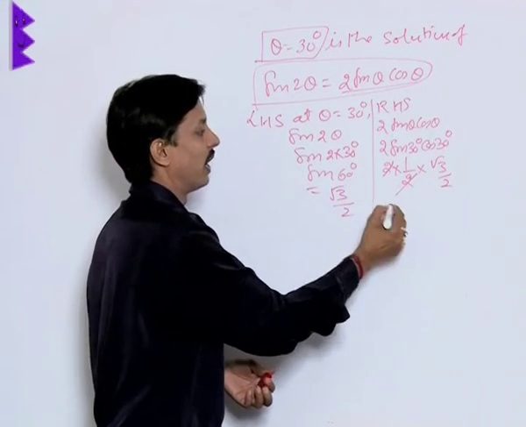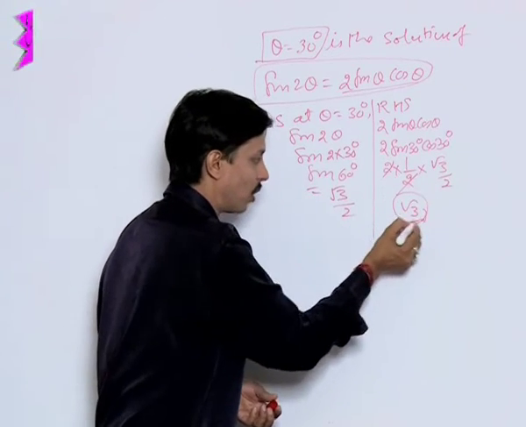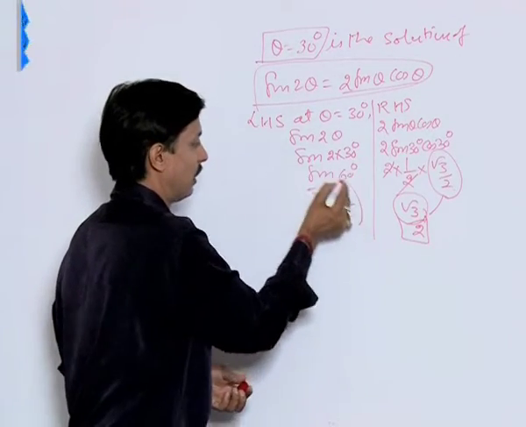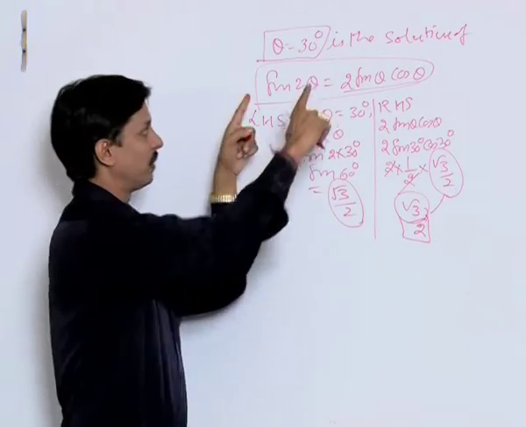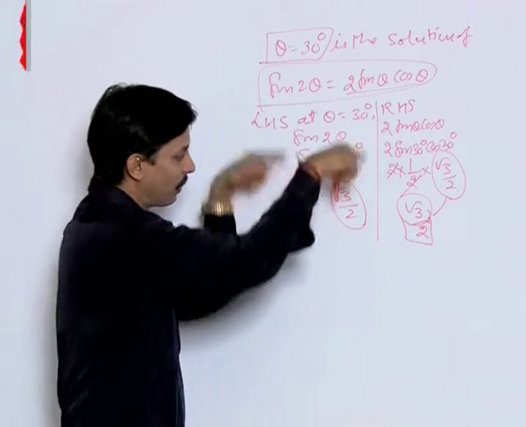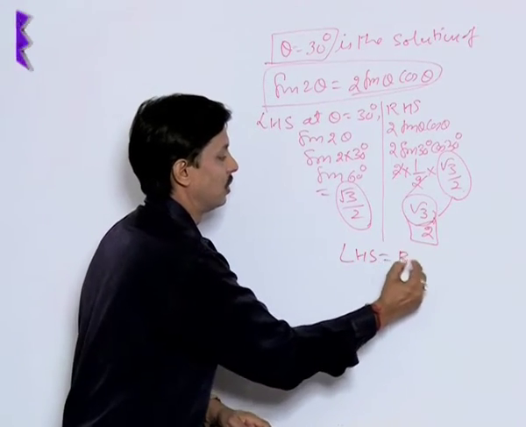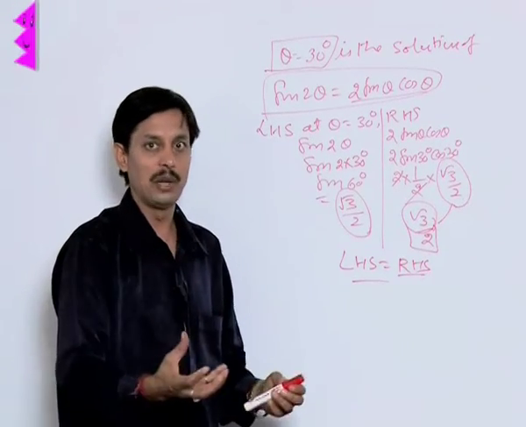This 2 and this 2 get cancelled, and it becomes root 3 upon 2. So the left part is root 3 by 2, and the right part is root 3 by 2. We have applied the standard angles, calculated, and verified that the left hand side is equal to the right hand side. So these are some applications.